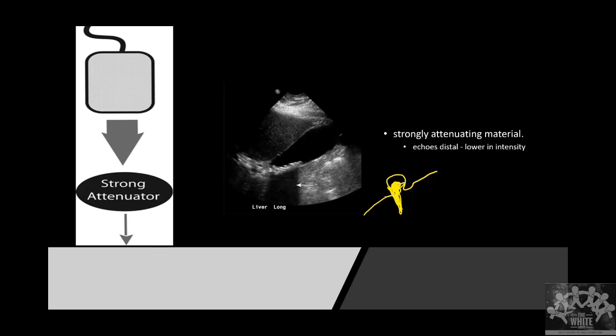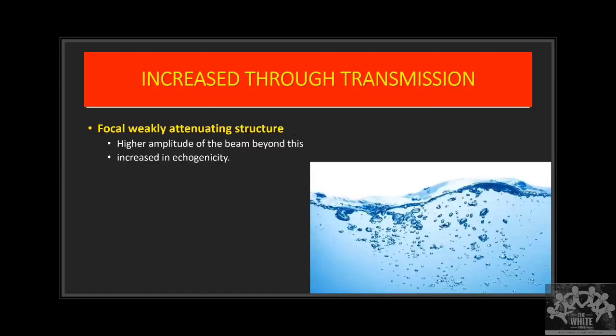This comet tail sign won't be completely obscuring the image. That is a small cholesterol crystal which is vibrating. Wherever the cholesterol crystal is present, we will see comet tails. It can be dependent and non-dependent. It is not always non-dependent. So that is adenomyomatosis, where we see the comet tail artifact.